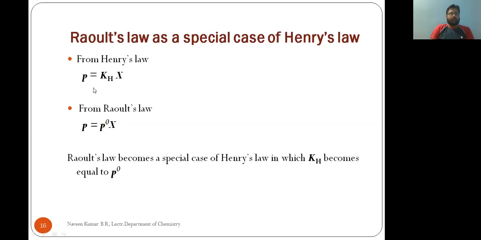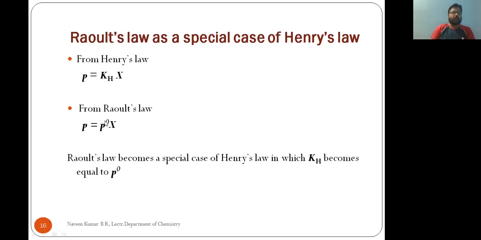Now, if we observe both the equations, that is from Henry's law and Raoult's law, we can assume Raoult's law as a special case of Henry's law if the Henry's law constant, that is the Kh value, becomes equal to the vapor pressure of the liquid in its pure form, that is P naught.